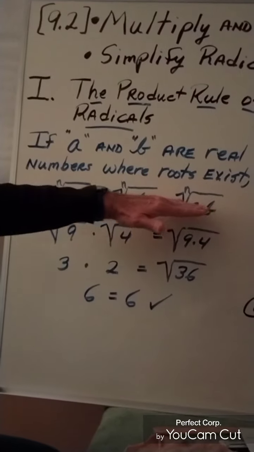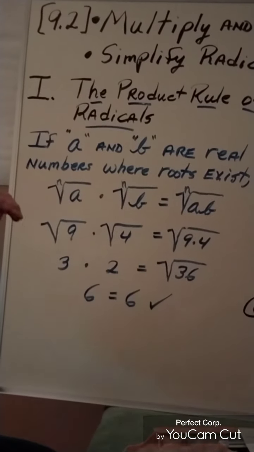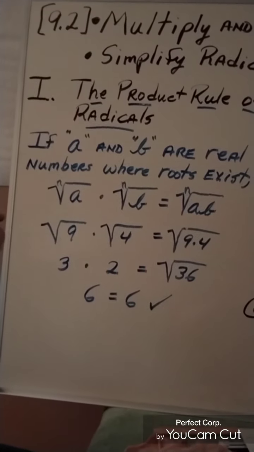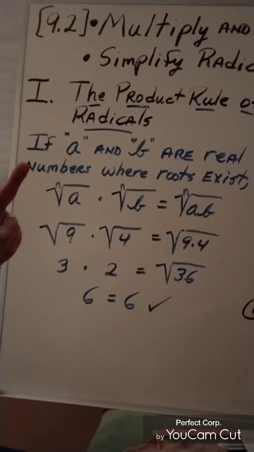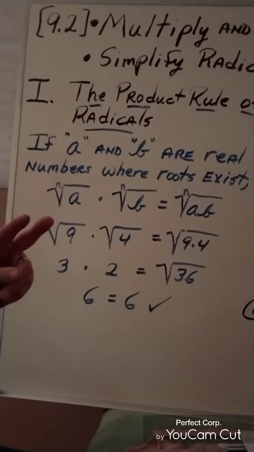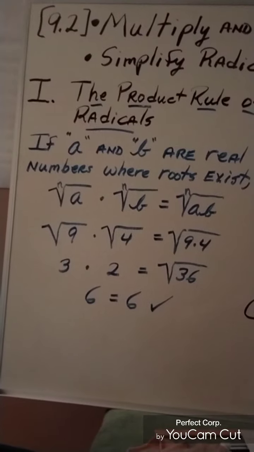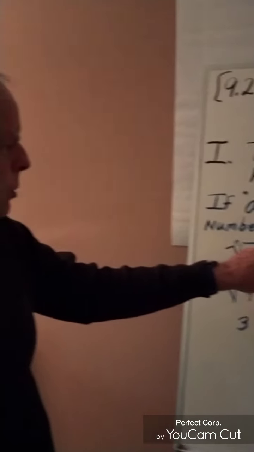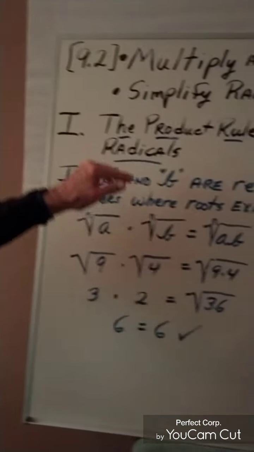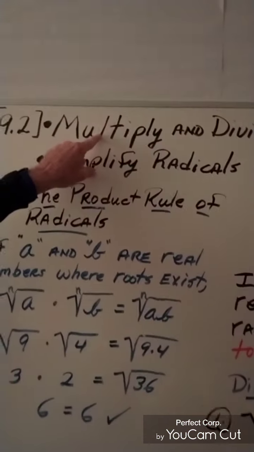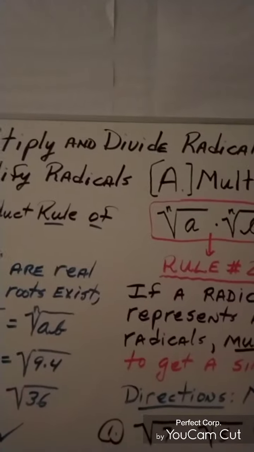This rule right here, this property, is now going to be used to do two specific things pertaining to multiplication. The first item that this property will do for us, it will help us to multiply radicals together.